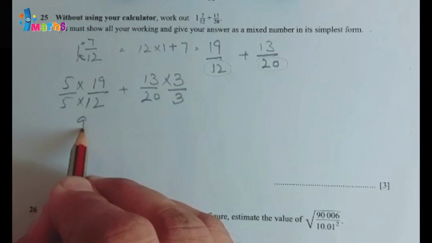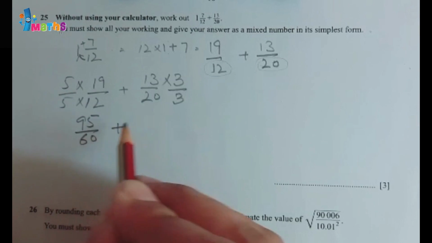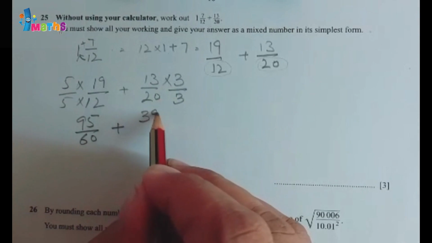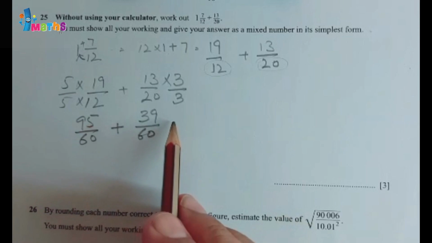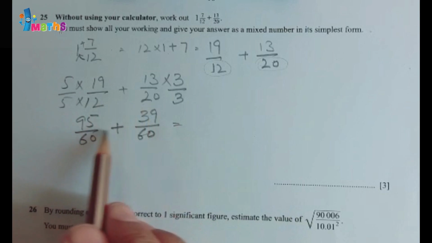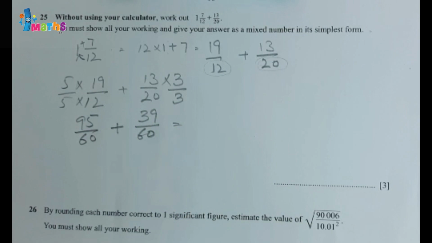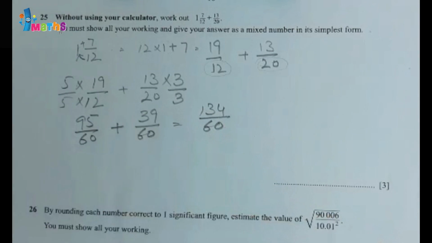So this one will be 95 by 60 plus this will be 39 by 60. So when the denominators are equal, we can add the numerators. 95 plus 39 will be resulting to 134 divided by 60.